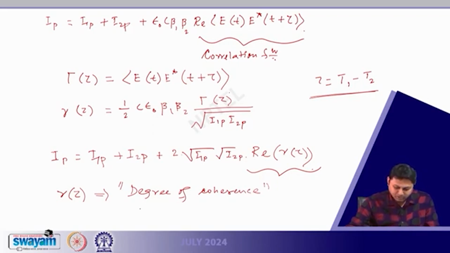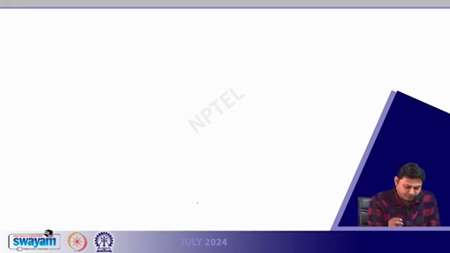Now let us find out how one can find this degree of coherence, because I know the explicit form.